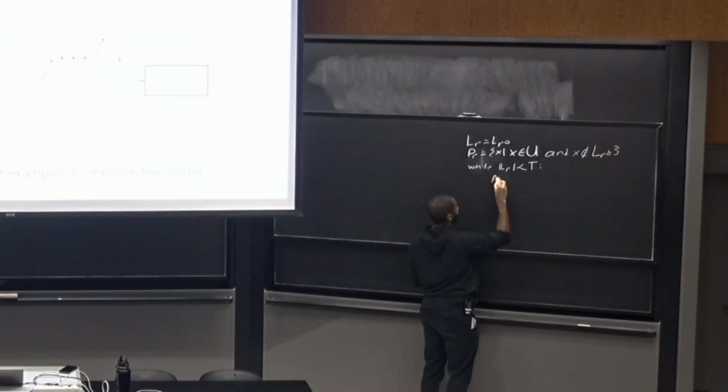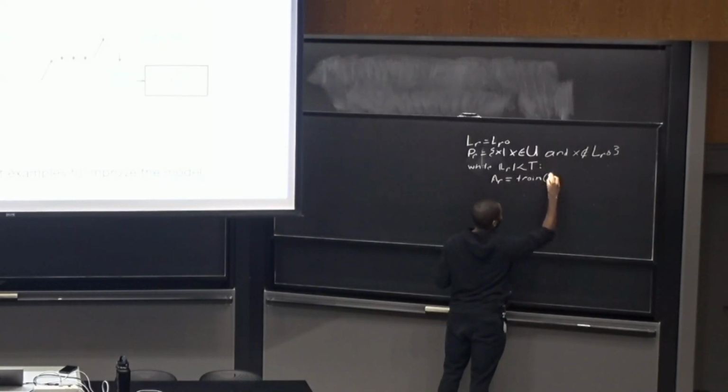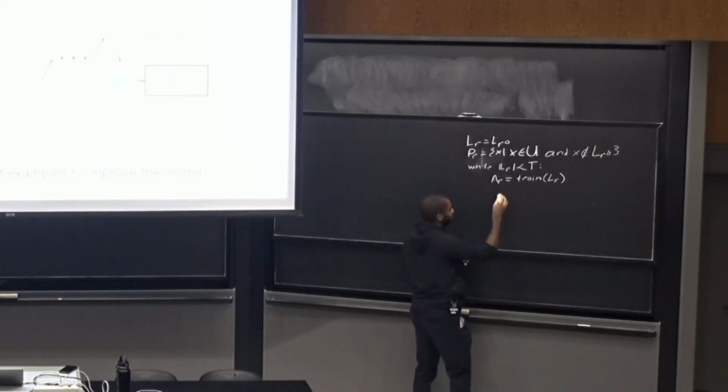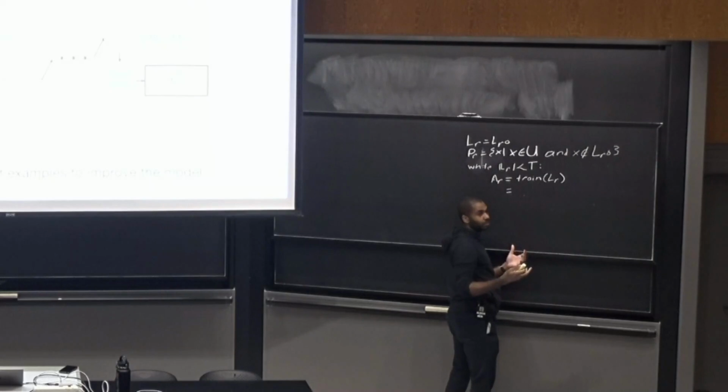So we'll call our model A of L. We train a model on this currently labeled set. And then once we have this model, we can find the maximum example of our candidate pool to label from.